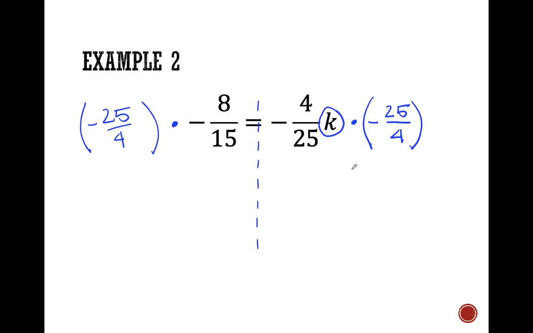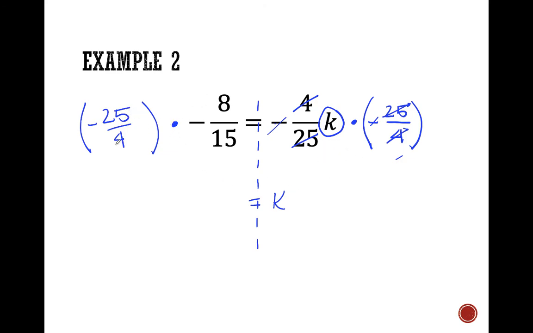So let's look at the right side first. The 4's cancel, the 25's cancel, the negatives cancel to a positive, and we're left with just k. Remember, that's our goal: to get rid of everything on this side except the k.